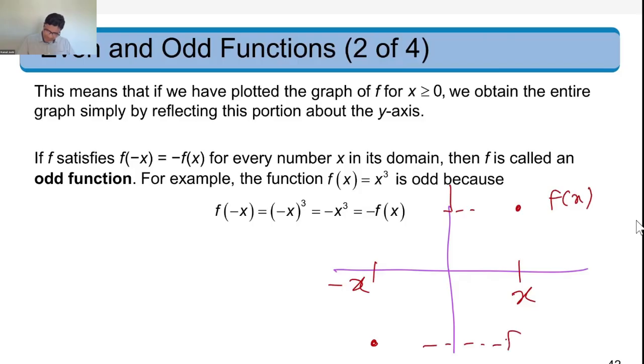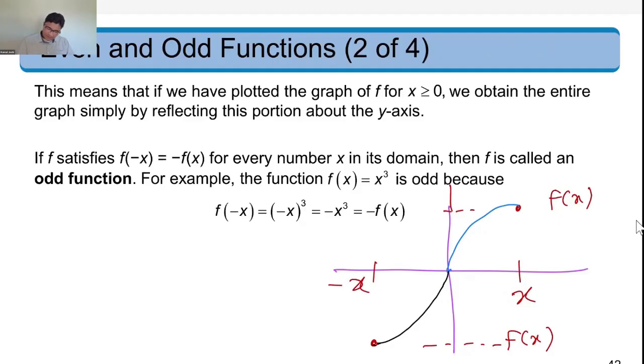Here you will get negative f of x. And that will happen not only for one point, for every single point, right? So if my graph here was like that, then its counterpart, I would say, here should be like that. Okay. That's an odd function.